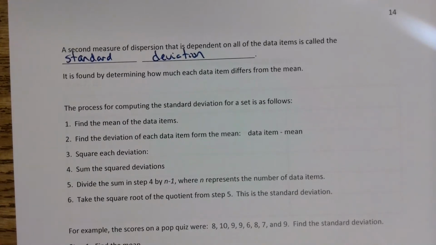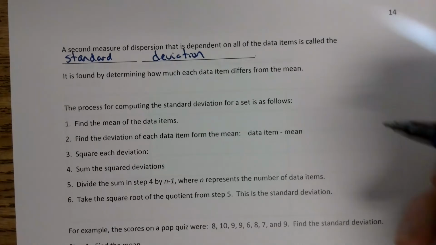Basically it takes every single data point, sees how far that data point is from the mean, squares it so that the negatives become positive, adds them together, divides, and then takes the square root. Because we squared everything, now we have to take the square root of it. So it's a really weird formula. In fact, here's the formula.